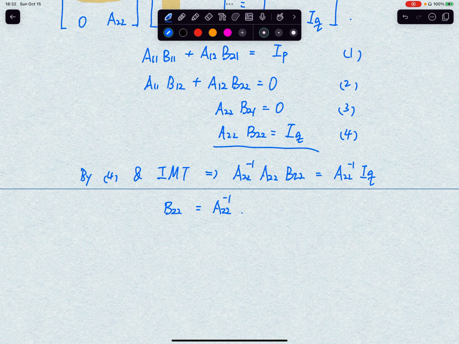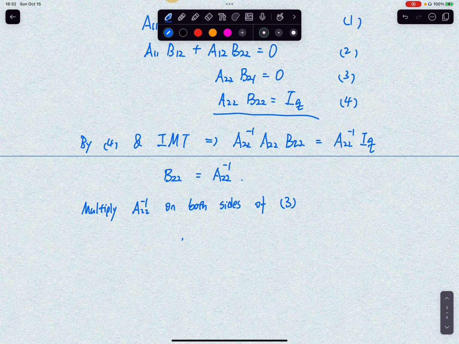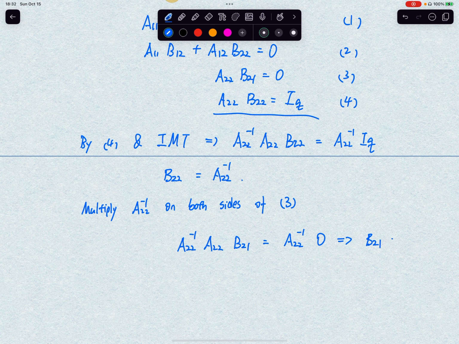Since A22 is invertible, we multiply A22 inverse on both sides of 3. That gives us A22 inverse times A22 times B21 equals A22 inverse times 0. So this really means that B21 vanishes.